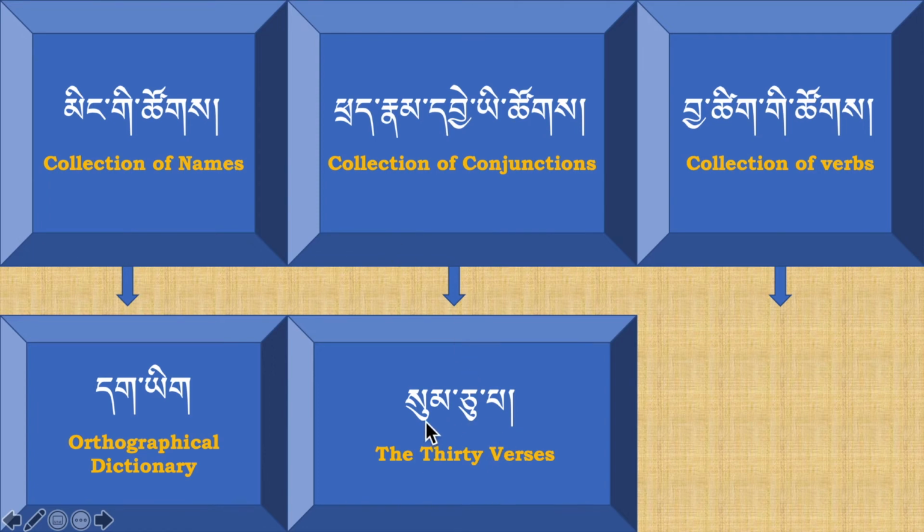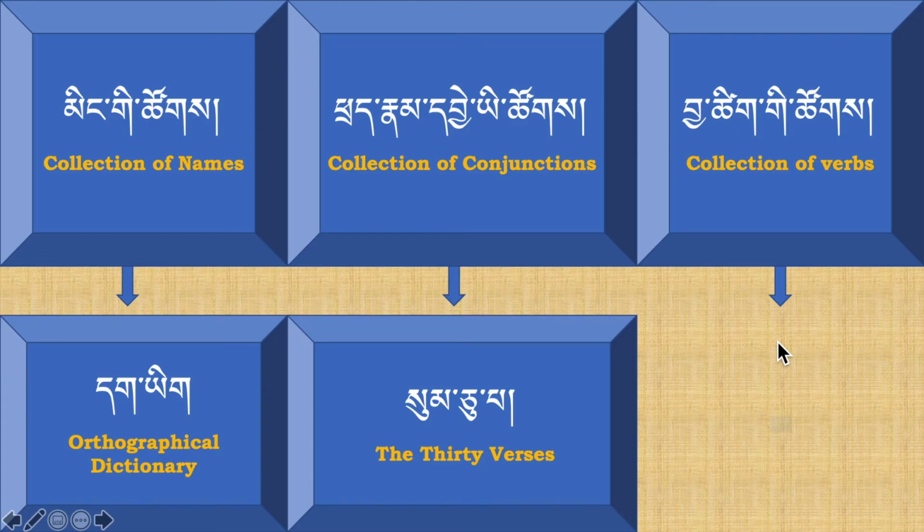In order to improve the collection of conjunctions, Te Namyegi Tsok, we have to learn these philosophy books. This book talks about all of this, Te and Namye, in detail. So we have to learn this Sumjupa. There are 30 verses in it, and that's why this book is called Sumjupa.